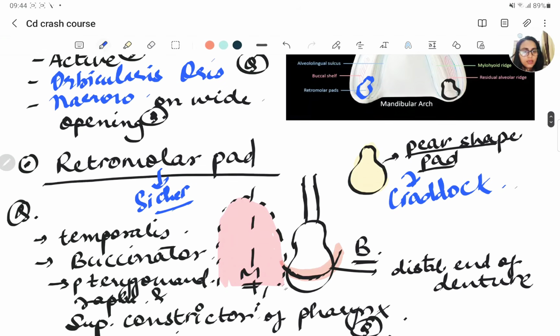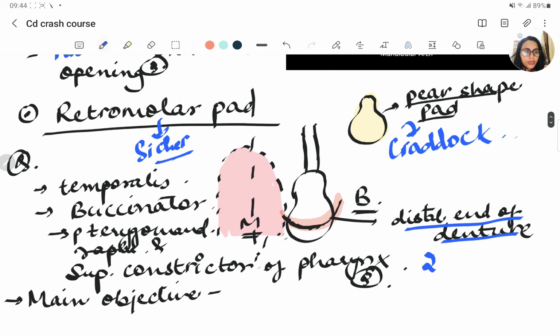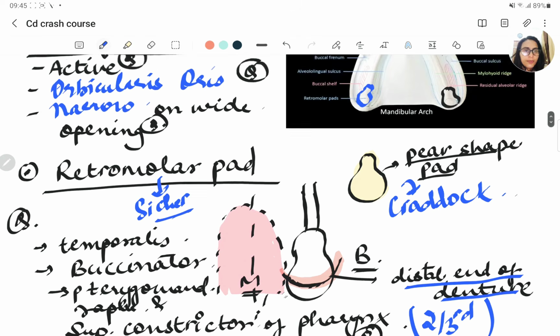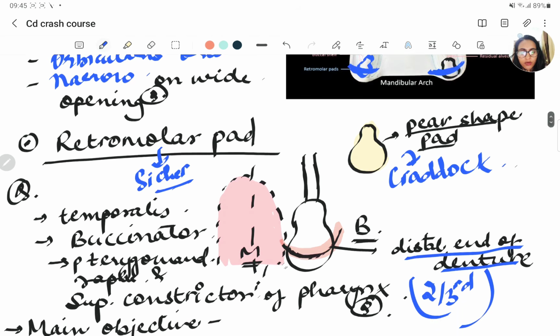The distal end of the mandibular denture base will be 2/3 of the retromolar pad. So basically the distal extension is going to be up till here, somewhere 2/3 of the retromolar pad area.